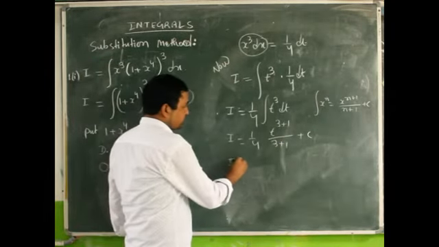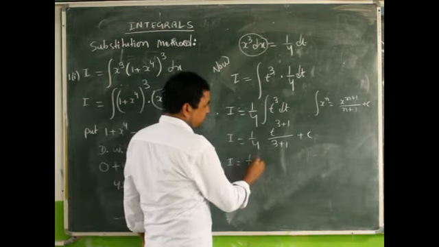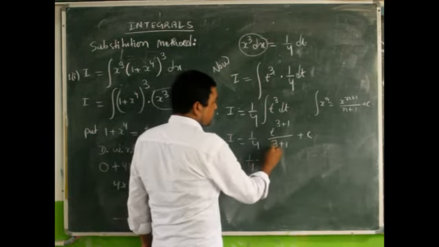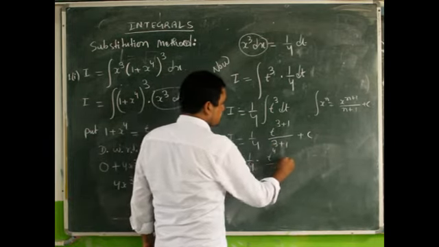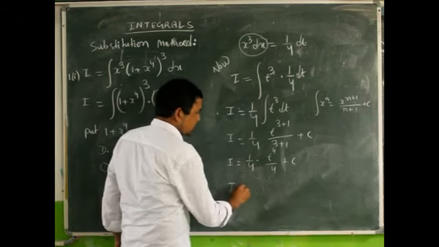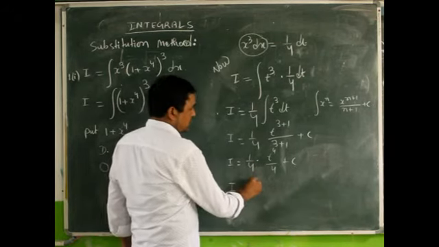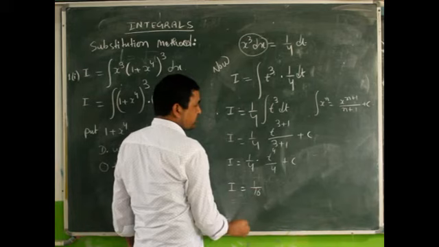Then I equals 1 by 4 times t to the power 4 by 4, plus c. Then 1 by 4 times 4 is 16.